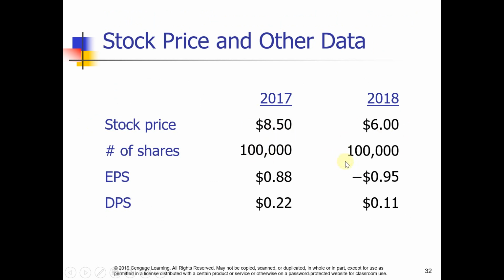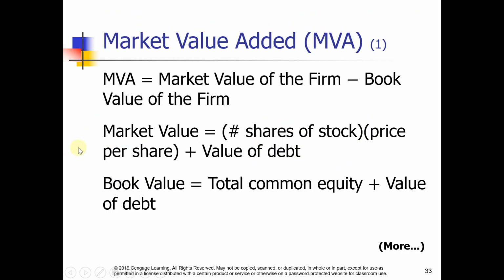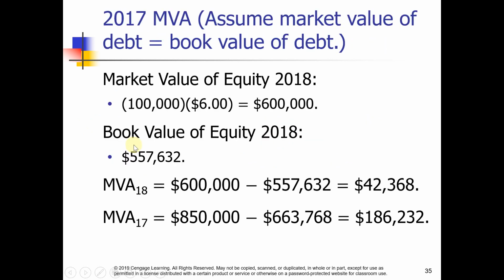Remember, this company did not increase the number of shares. So we can use the number of shares times stock price to calculate total market value of equity. All right, and then you can compare that to the book value of equity. So in 2018 the market value of equity was $600,000, 6 times 100,000, minus the book value of the equity in the balance sheet, which was $557,000.